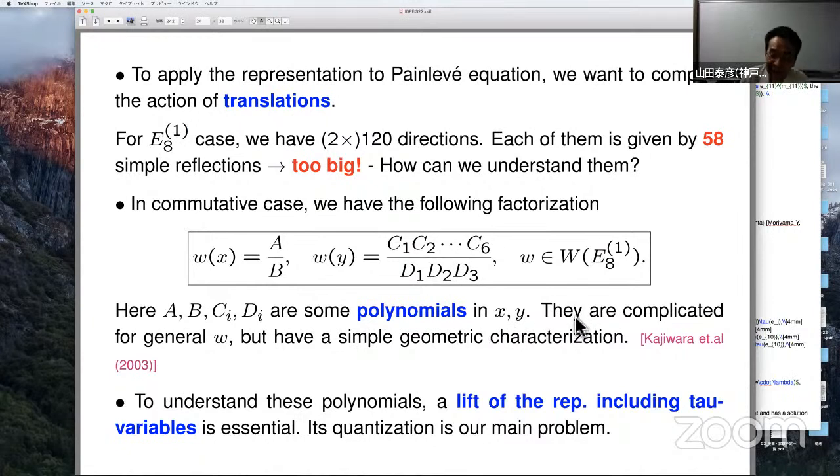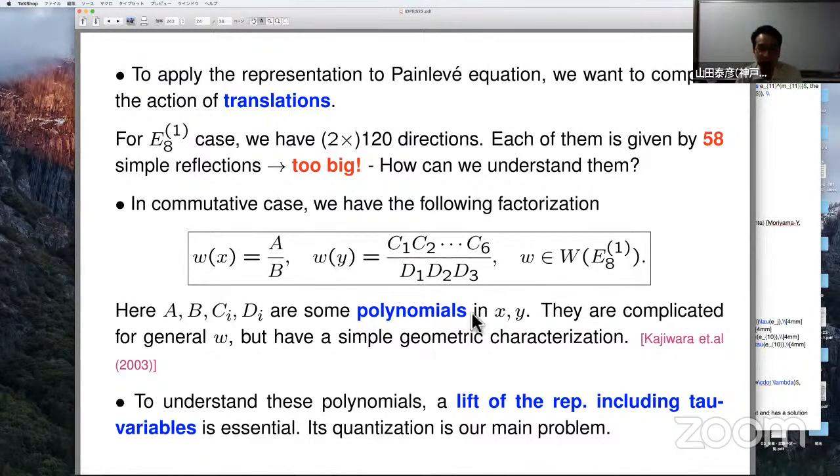In general, they are very huge, complicated polynomials, but we can still understand them in geometric terms. There is a very simple geometric characterization of these polynomials. So we can understand the Weyl group action completely by using these polynomials.